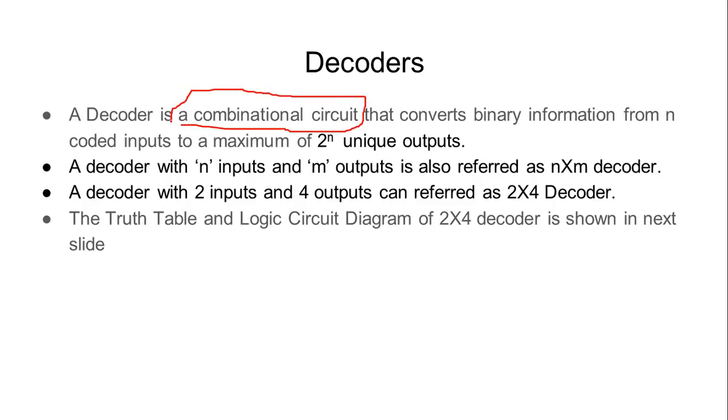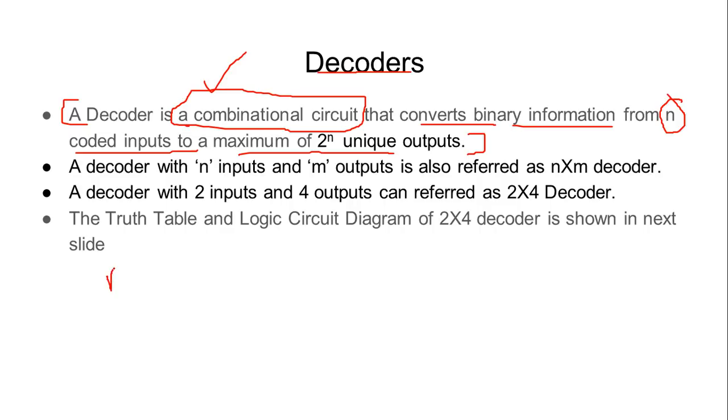It is very important to mention this, so you show knowledge of under which category of digital circuits decoders fall. So a decoder is a combinational circuit, and what is its job? Its job is to convert the binary information from encoded inputs to a maximum of 2 raised to power n unique outputs. Let's understand this definition in a little more detail.